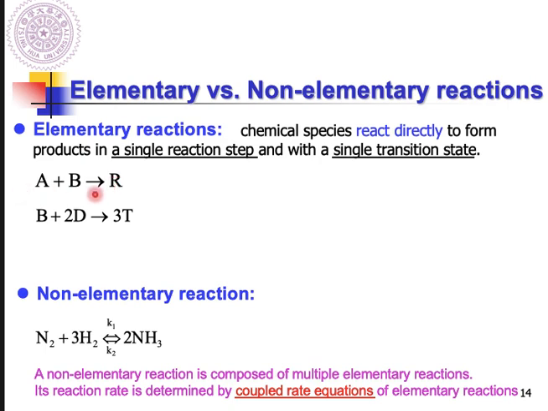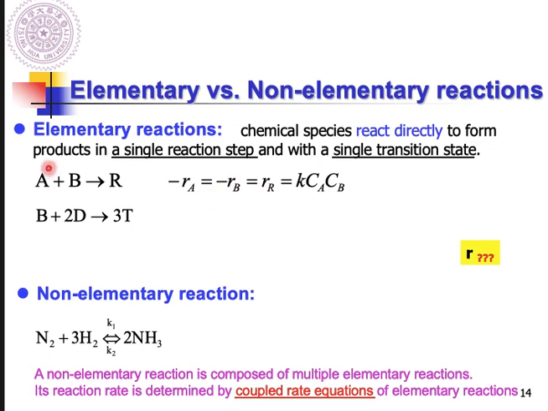So when you try to write down the rate equation or consumption rate to describe this chemical equation, you can write the consumption rate of A equals the consumption rate of B, because 1 A will directly react with 1 B and generate 1 R. So it also equals the rate of R. Minus means consumption rate and plus means generation.